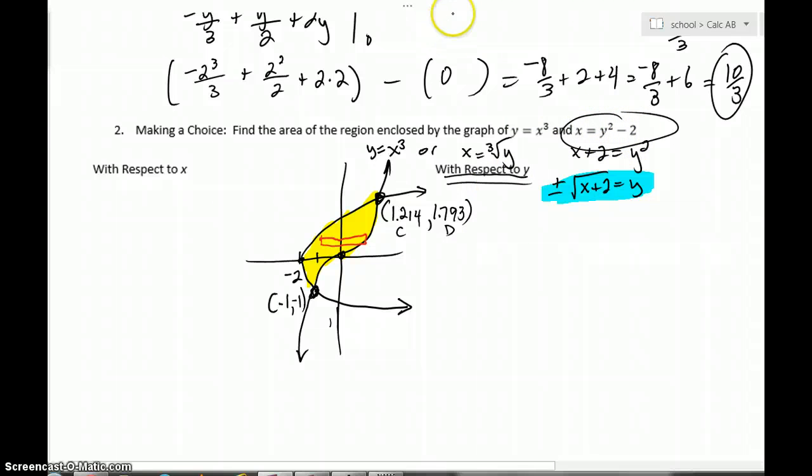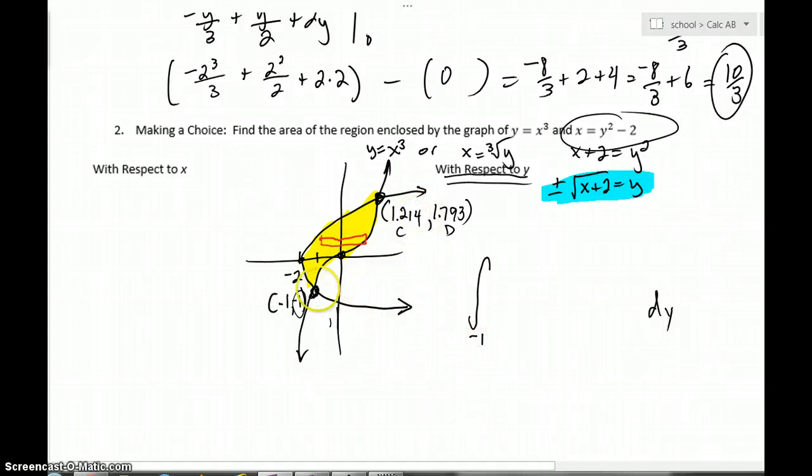So with respect to y, what I'd like to do very quickly is integrate, and we need to go with our smallest y value. Our smallest y value at the very bottom of this region is -1.